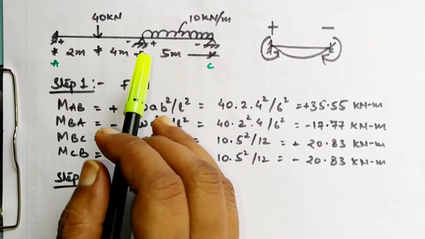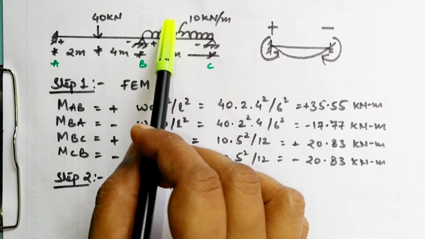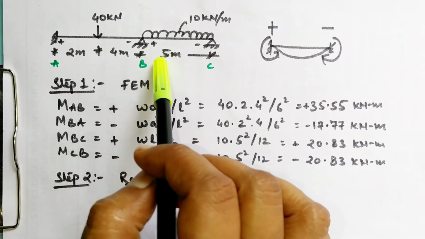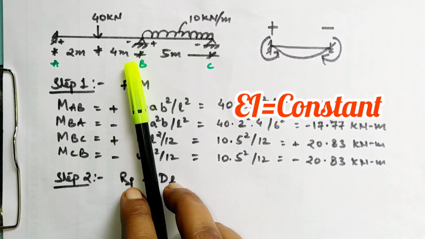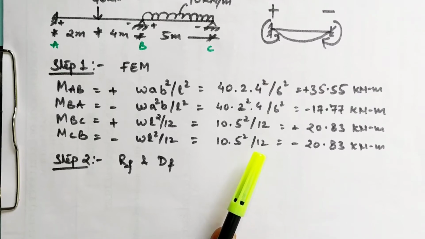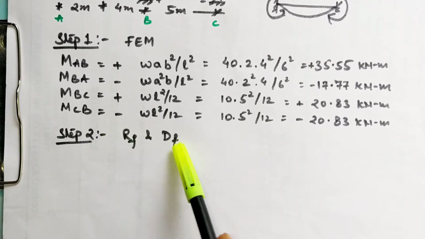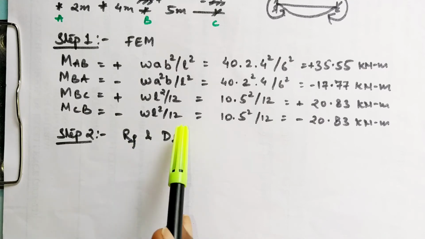So these DF and RF are the factors which decide how much load has to be transferred to which member. According to the EI of the members, in this question EI is constant, this factor will decide which member will take what fraction of moment.